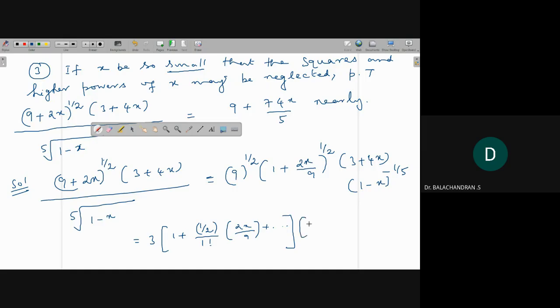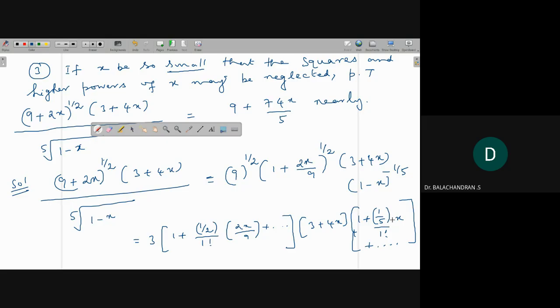Next, 3 plus 4x into (1 minus x) whole power minus 1 by 5, which is 1 plus x by 5 plus so on. The next term should be what?